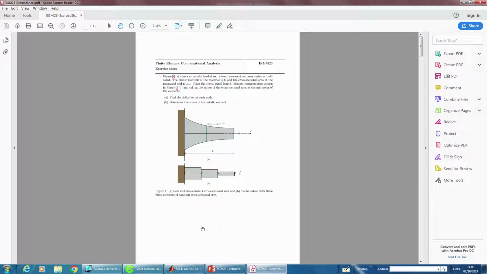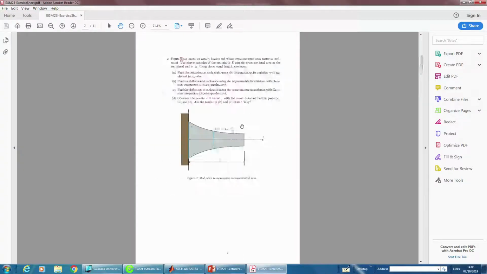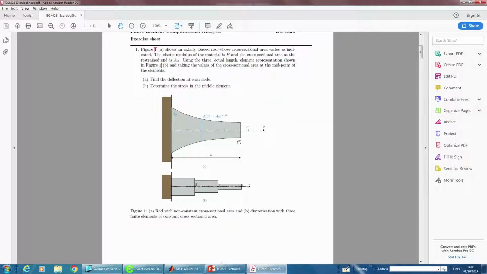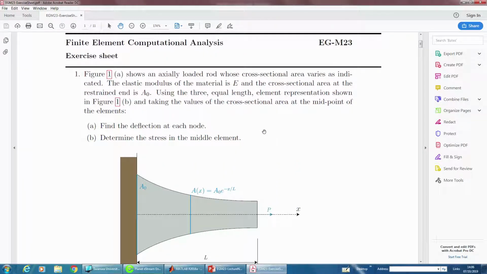For each exercise you actually have the final answer. But you got up to 11 exercises. I actually did some updates this year after reconsidering the exercises and looking at the previous exercises that I was asking in the exam. So let's go for this one.